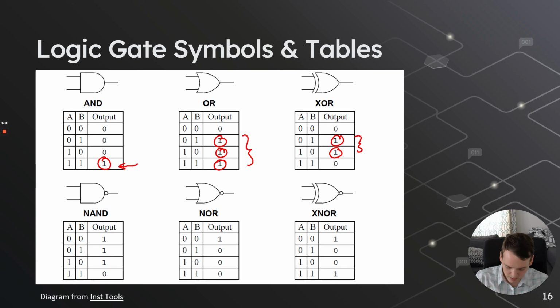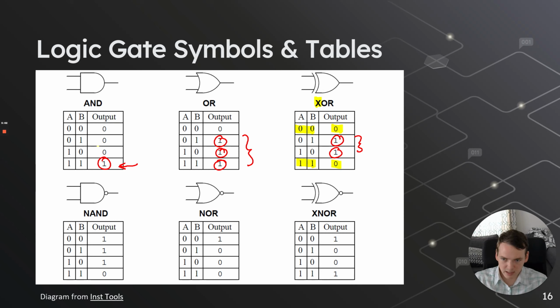Notice that in the first and the fourth, it gives false because it only wants 1. The first one's obviously false because neither is 1. The fourth one is false because both are 1. And the X here says we only want one of them.